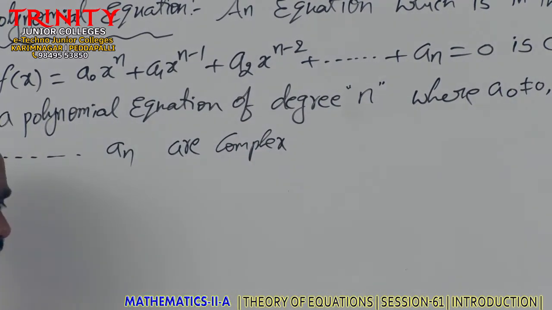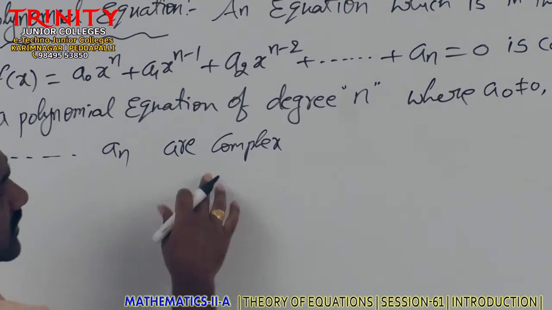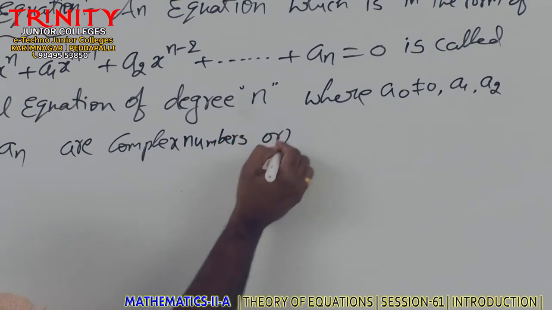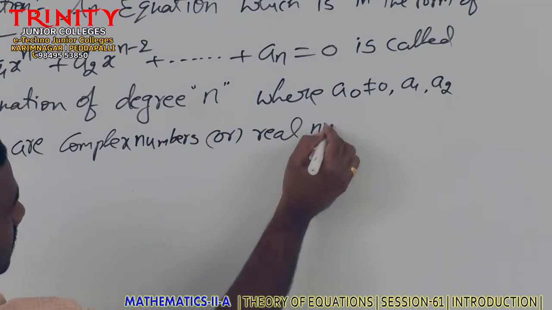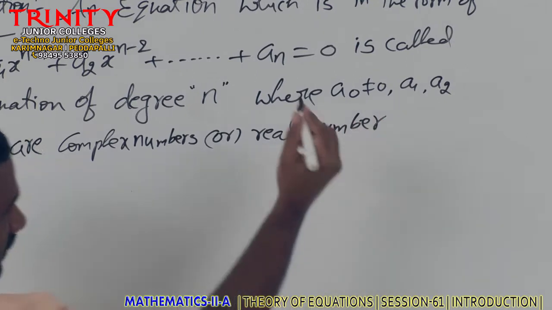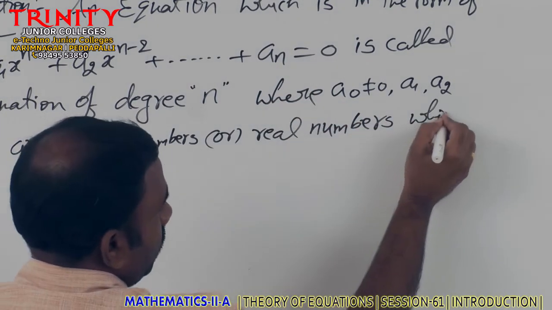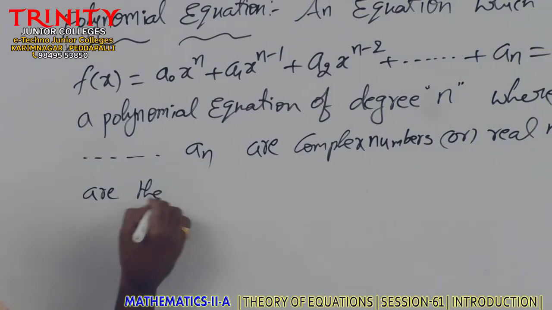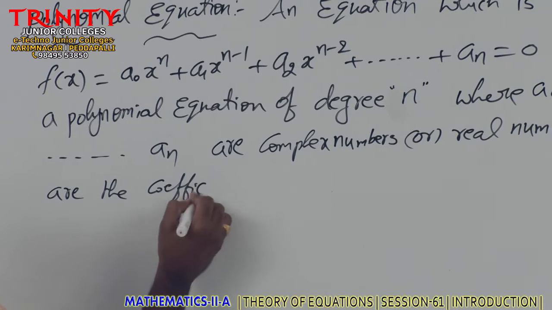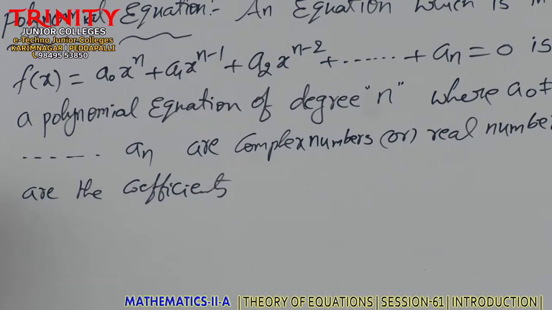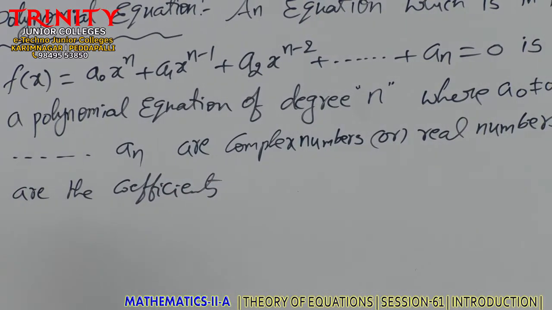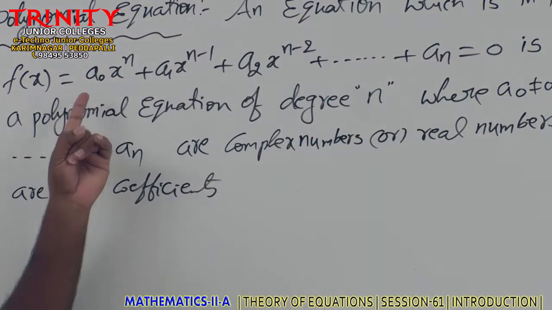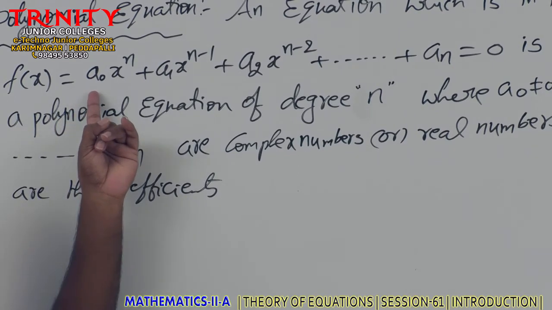Complex numbers are nothing but ordered pairs of real numbers. These are the coefficients, and here an is called the constant and a naught is called the leading coefficient.